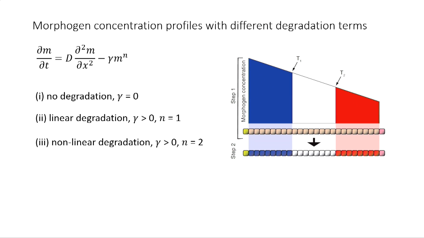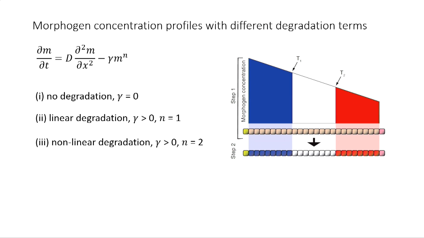Now, I think in one of the talks, I guess by Milton, we had this, and part of that was already solved, but still, I want us to consider the consequences of the shape of the morphogen profile on the positional error.